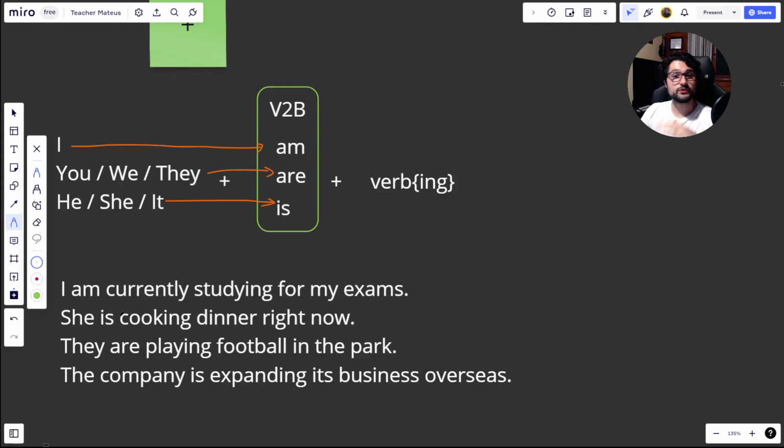Or these last weeks, I am studying for my exams. Recently, I am studying for my exams. She is cooking dinner right now. They are playing football at the park right now, or they are playing football at the park for the last couple of weeks.